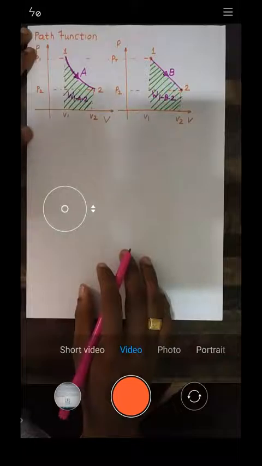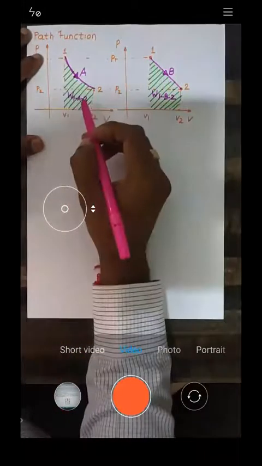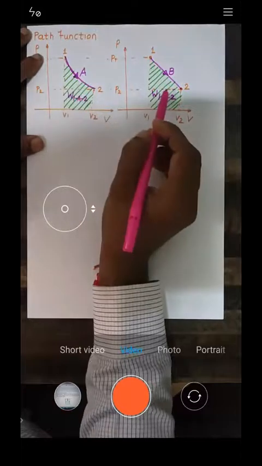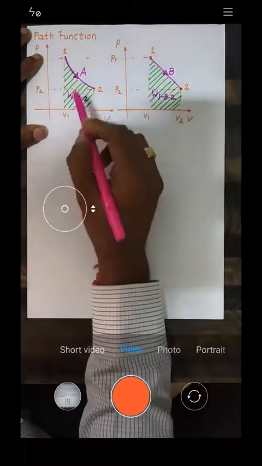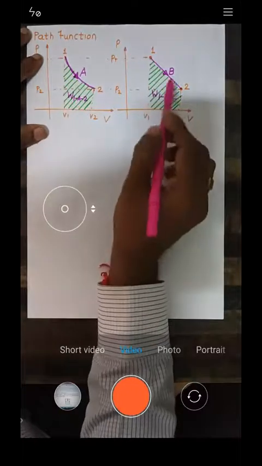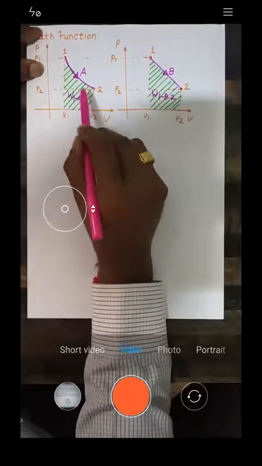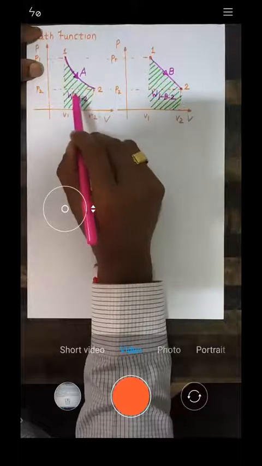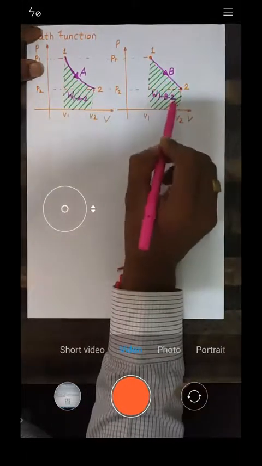Path difference. Slowly. If you see this diagram or this diagram, the area is different. Yes or no? Here the area is coming less, here the area is coming more. What do you mean by that? Work done during this is less, and work done during this is more.